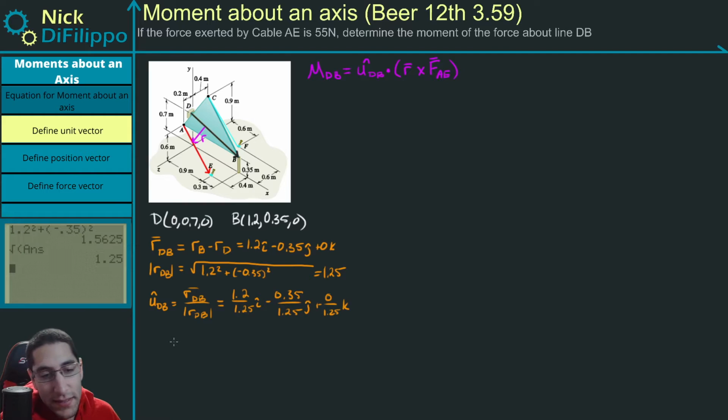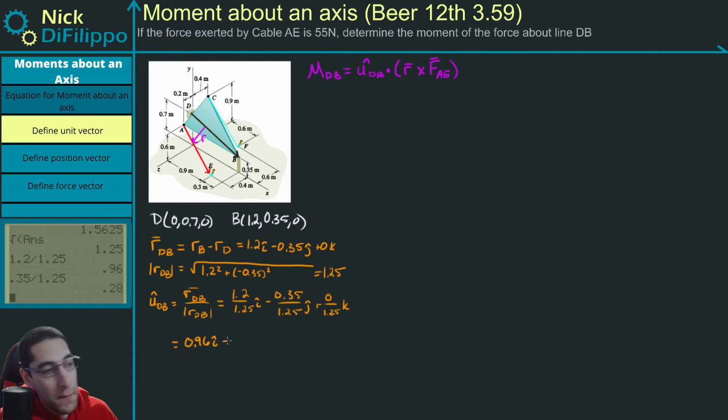And I can simplify this and get what my unit vector is. 1.2 divided by 1.25 is 0.96, and 0.35 divided by 1.25 is equal to 0.28. So I get 0.96i minus 0.28j plus 0k, and this is my unit vector.